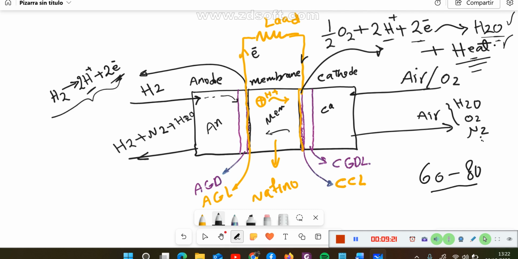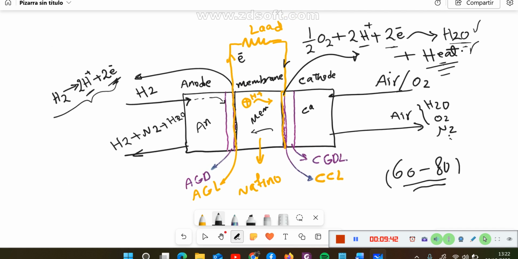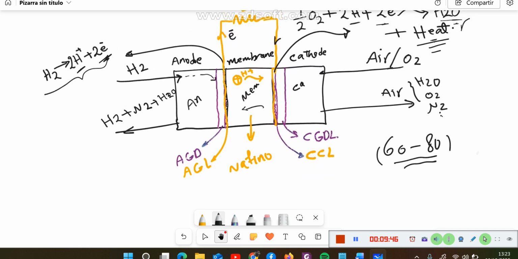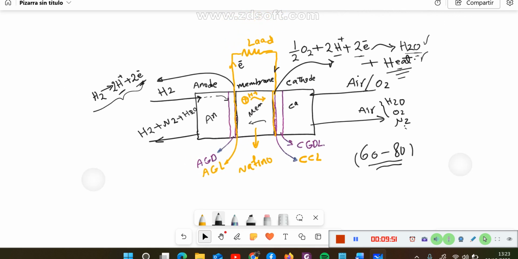That's why it's useful for portable applications, or we can use it for portable power station applications, or in vehicles. Nowadays you can see a lot of vehicles using PEM fuel cells.